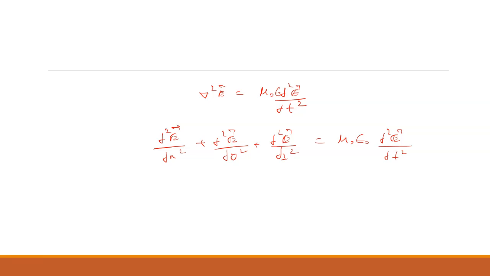As per the definition of a uniform plane wave, E is not a function of x and E is not a function of y. Therefore curly square E by curly x square equals 0 and curly square E by curly y square equals 0.